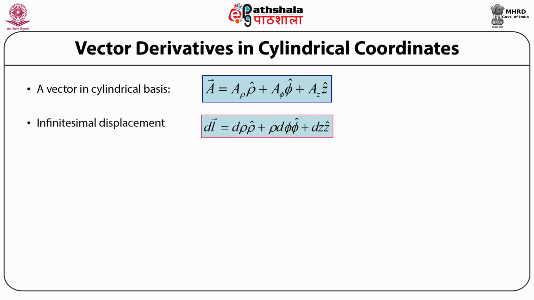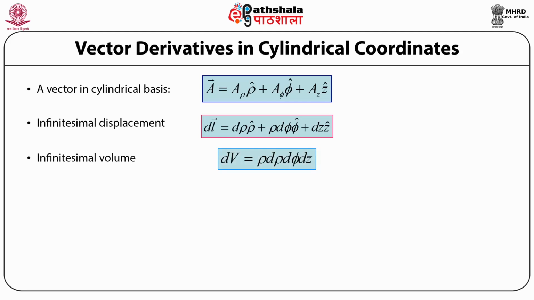And the infinitesimal displacement that might be there in a cylindrical coordinate system in terms of the infinitesimal elements of the cylindrical coordinate system is defined as vector dl is equal to d rho times unit vector rho plus rho d phi times unit vector phi plus dz times unit vector z.